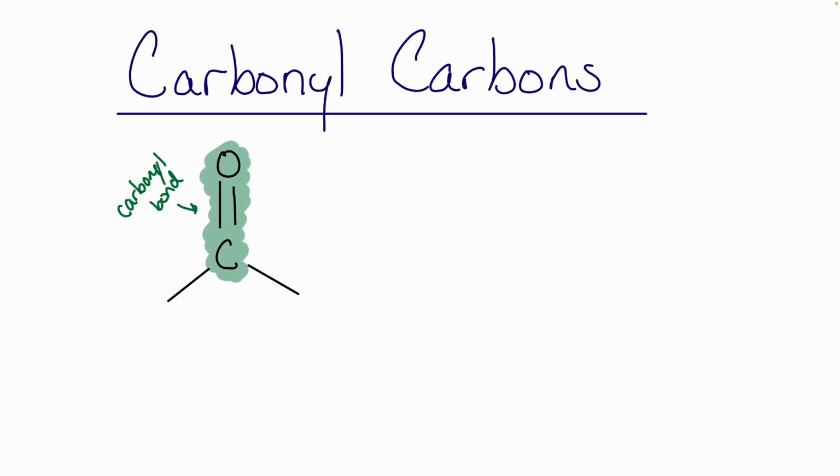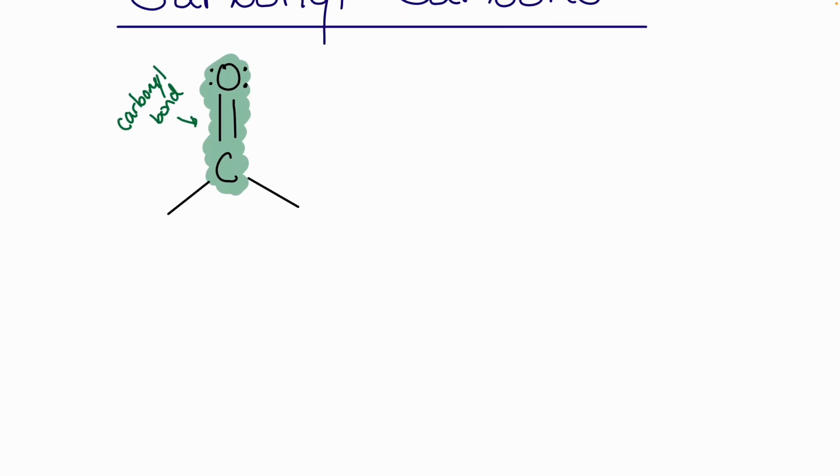Okay, I'll be good and put my lone pairs on my oxygen as well. We have a lot of functional groups that have this carbonyl bond. Aldehydes, ketones, carboxylic acids, esters, acyl halides, amides, all of which share these carbonyl groups. All right? And what we're going to see is carbonyl carbons are really good at playing the role of an electrophile.